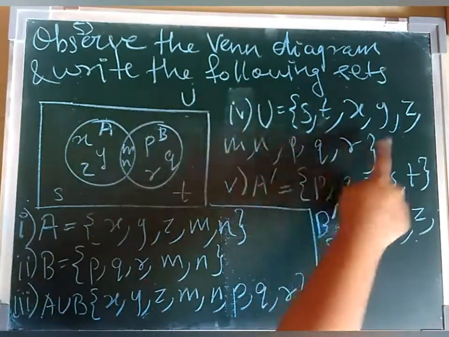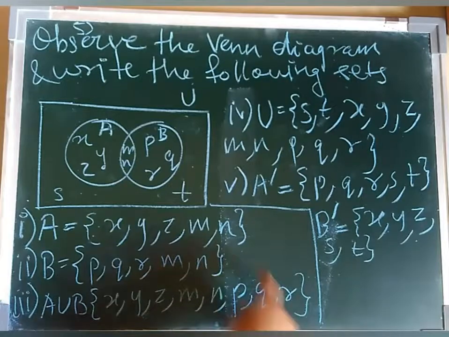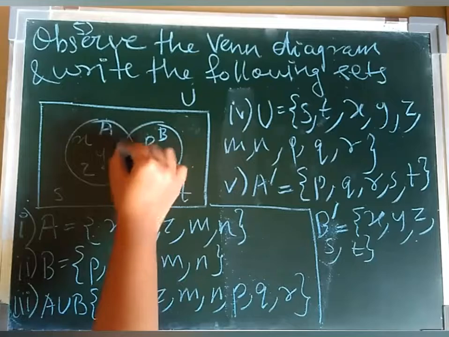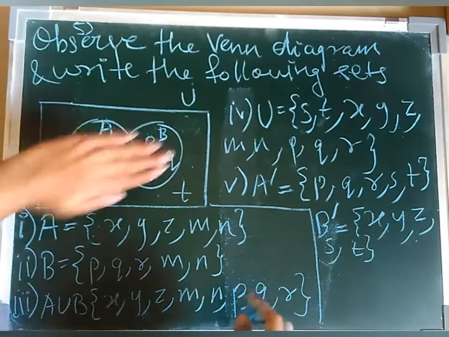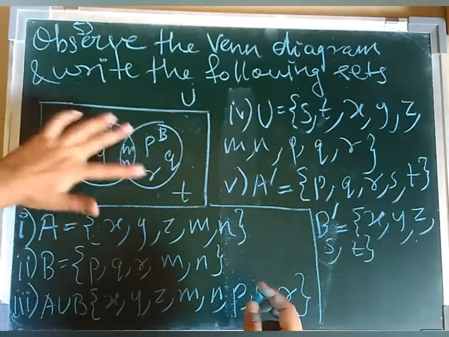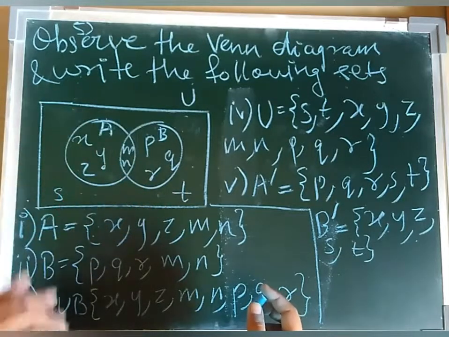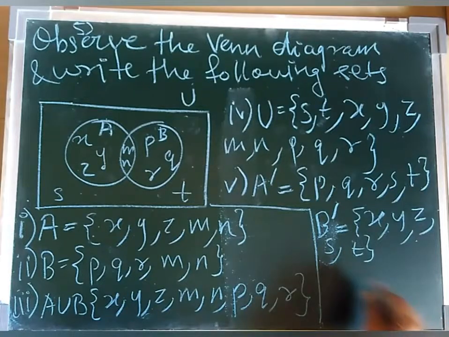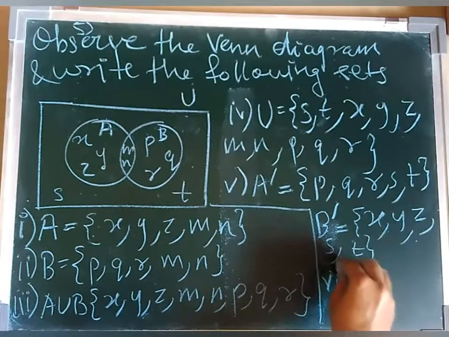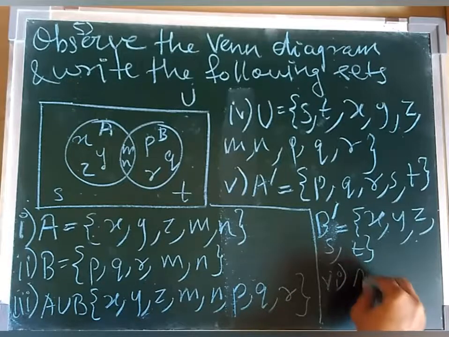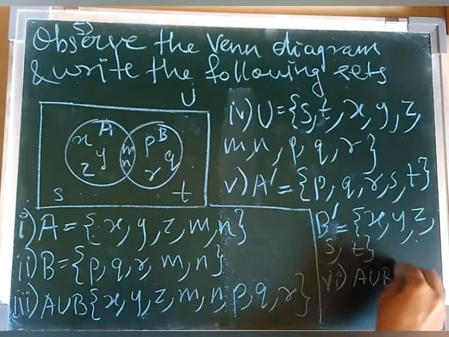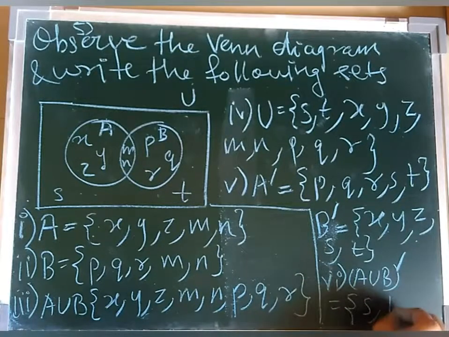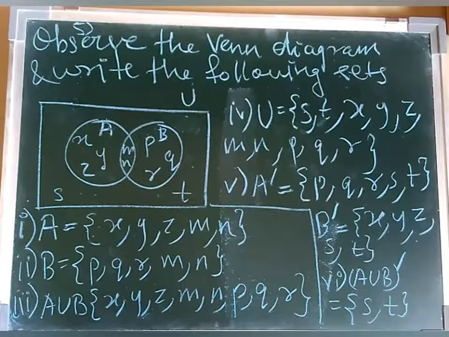S, T. Rest all elements are there in A union B. Using Venn diagram, if you observe, A union B means these two circles together. So outside these two figures, whatever elements we have will be in A union B complement. So A union B complement is equal to, it has only two elements, that is S, T.